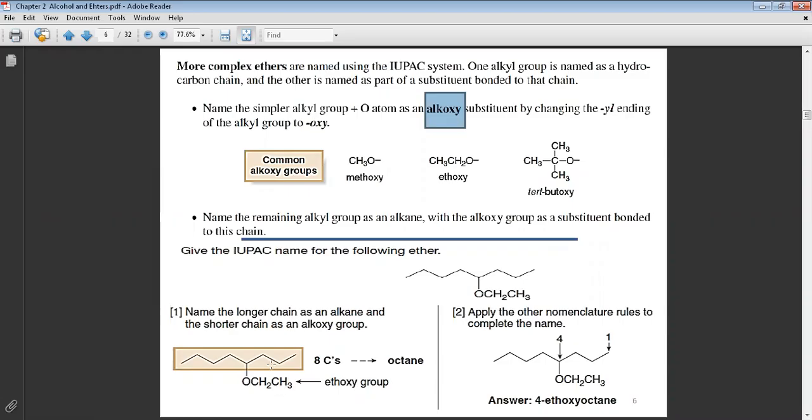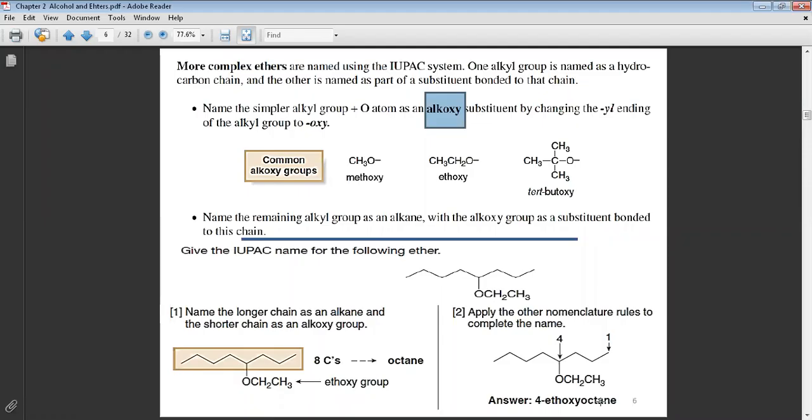Now put numbers, it will be 1, 2, 3, 4, 5, or 1, 2, 3, 4. It is the best because the substituent takes the lower number. The substituent is on carbon number 4, that means 4-ethoxyoctane.